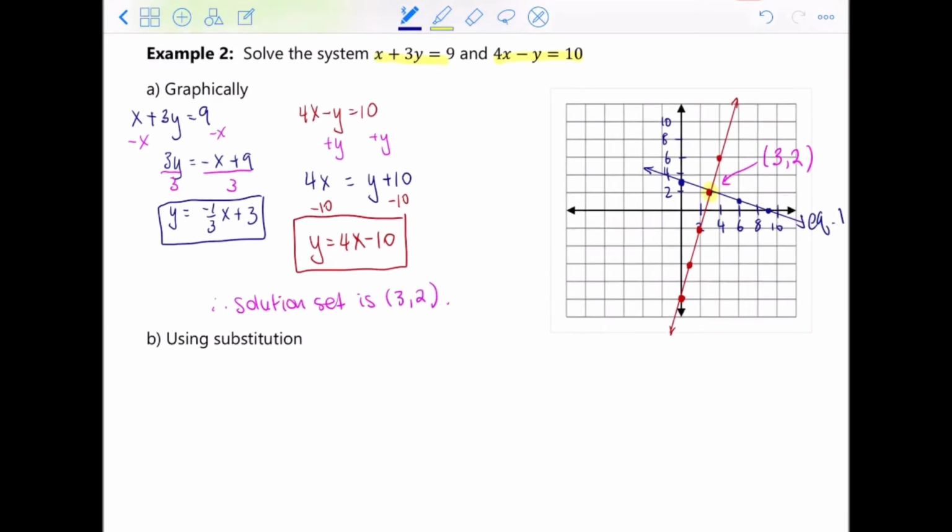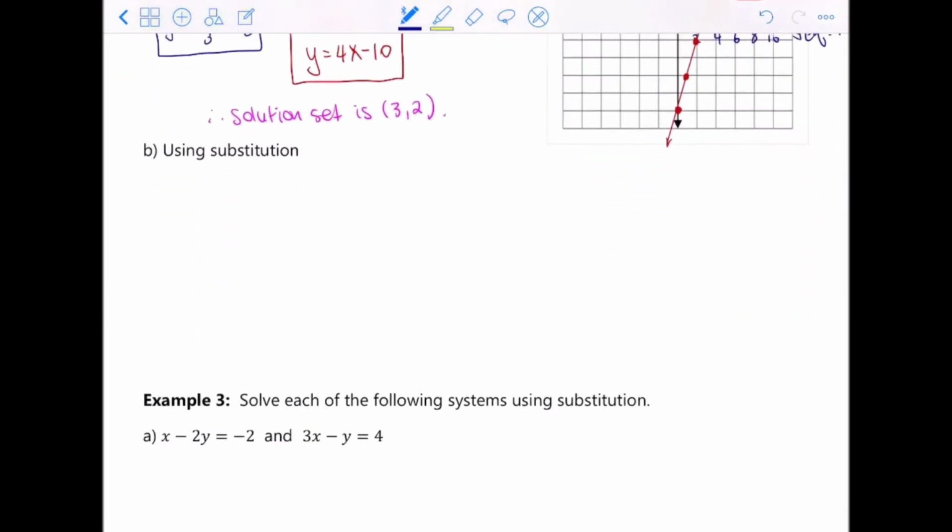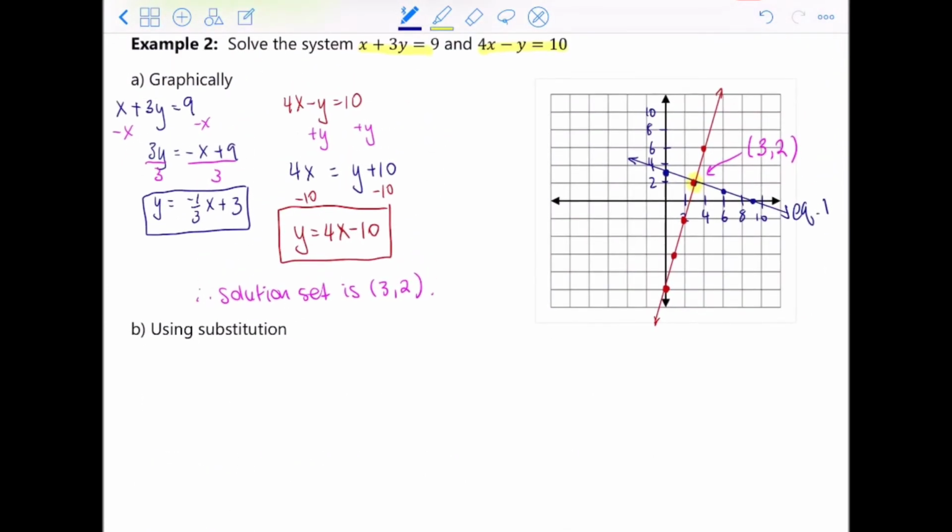Now let's take a look at this using substitution. Alright, so for equation 1, we have x plus 3y equals 9. And equation 2, 4x minus y equals 10. Before we can use substitution, we need to isolate one of the variables.